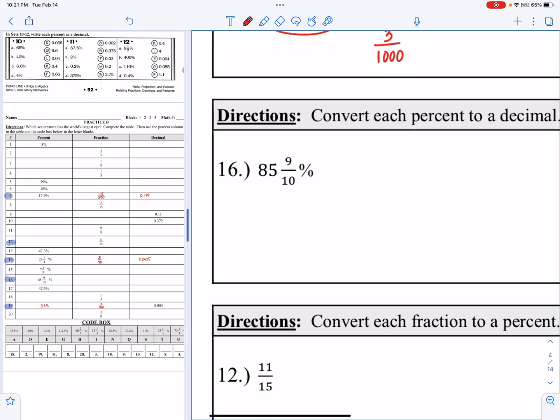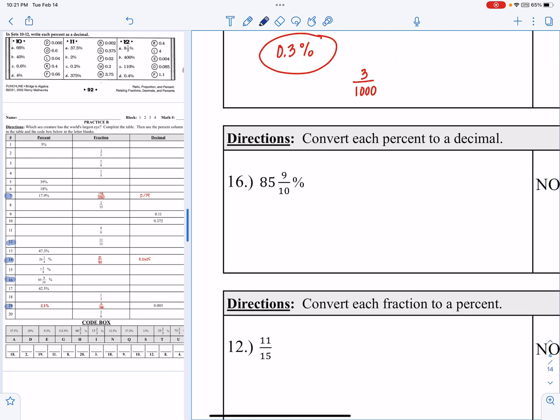So next one is convert each percent to a decimal. So when we're going percent to a decimal, remember we're dividing by 100 now because that's what a percent is. It's out of 100 or divided by 100. And so we have a trick as well, though, which is move the decimal 2 spots to the left.